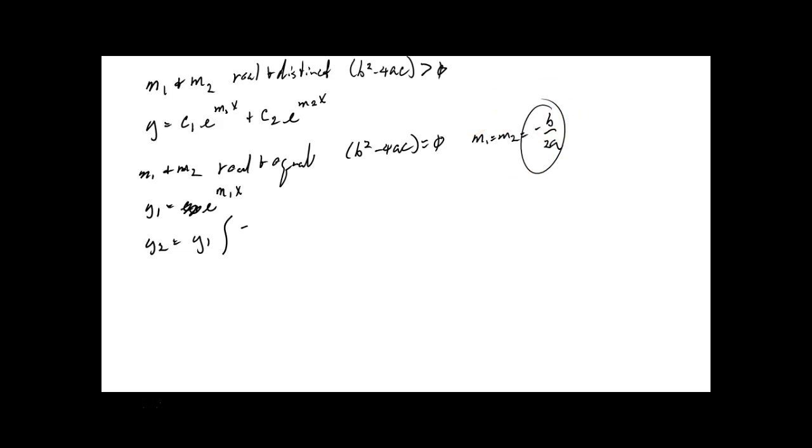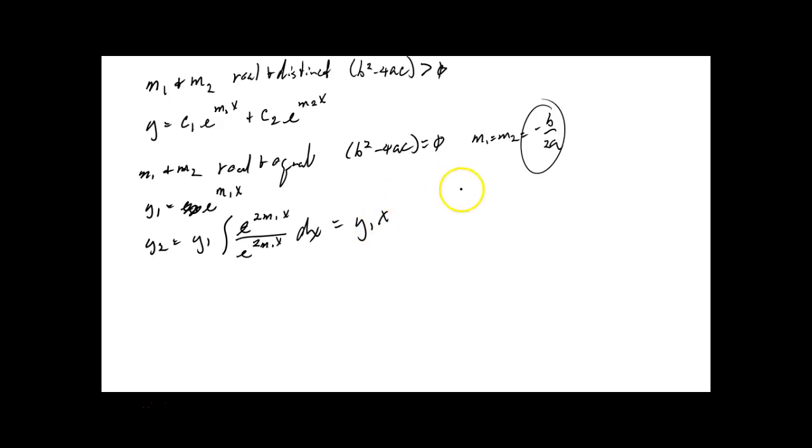When you plug that around, what you wind up with, and they just throw it down here without much justification, is y2 equal to y1 times the integral. I'm going to write it the way they do because they're leaving out so many steps. e to the 2m1x over e to the 2m1x, dx, which is just 1. So this would be y1 times x, okay?